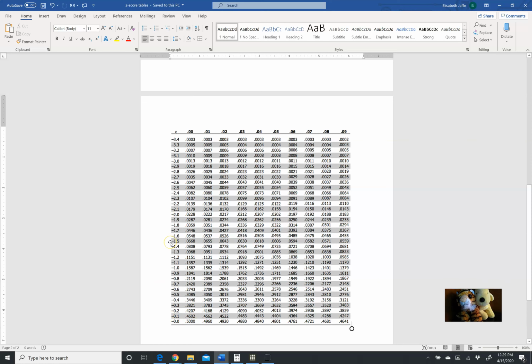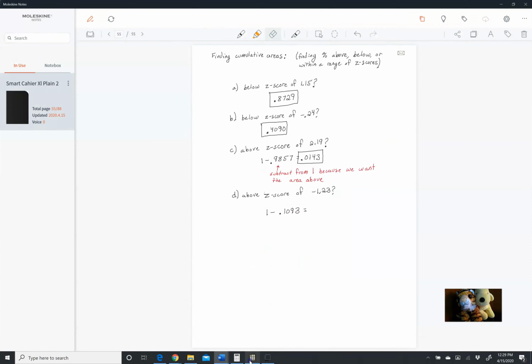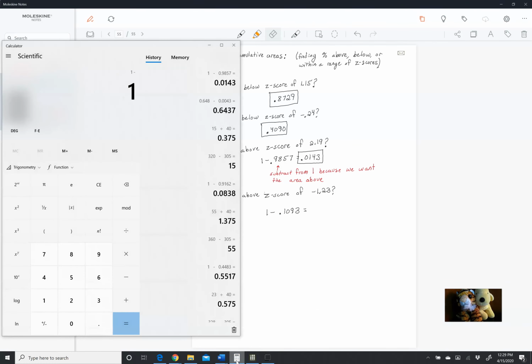If we go to negative 1.23, here's the negative 1.2. Now we have to go over to the 3. It's 0.1093, but again, we have to subtract from 1. And remember, you're always going to get a number less than 1. So if you get a number greater than 1, you did something wrong.